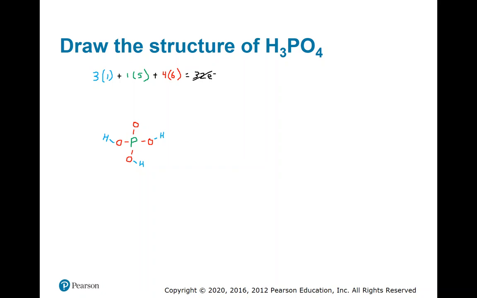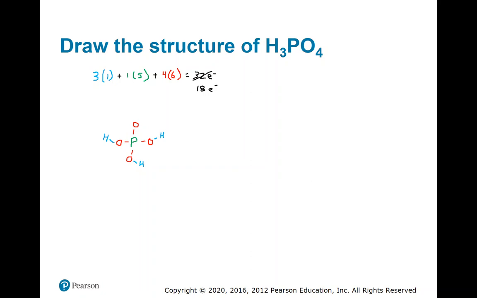So that means we have 32 minus 14, which is going to be 18 electrons remaining at this stage. So the next step is to complete the octet of our outside atoms. The hydrogens, of course, should just have one single bond and nothing else, but our oxygens currently only have 1 or 2 bonds around each of them.